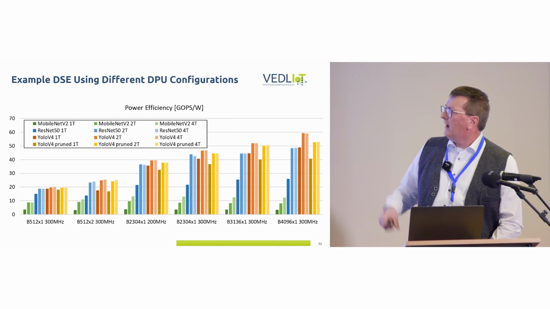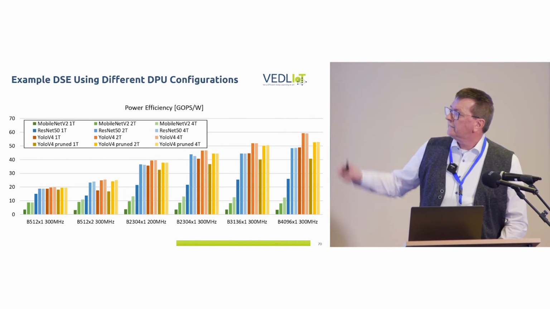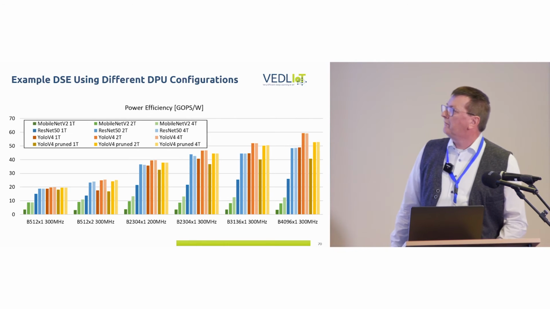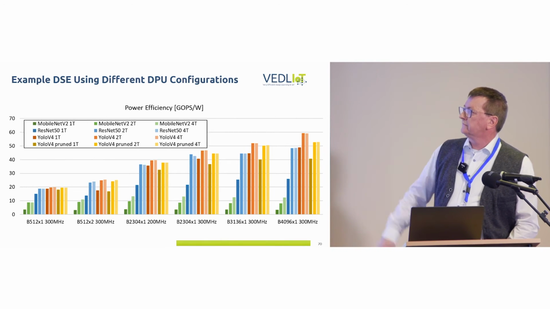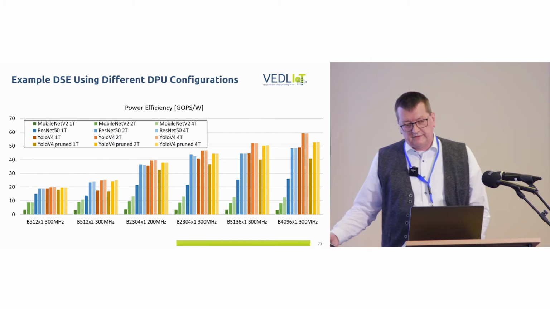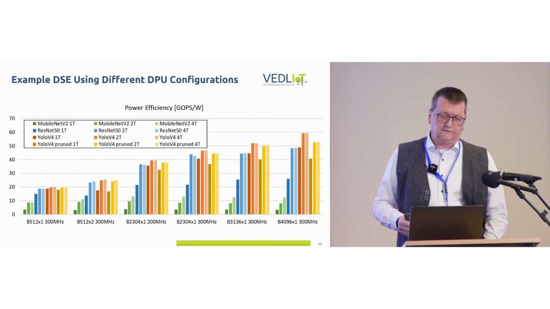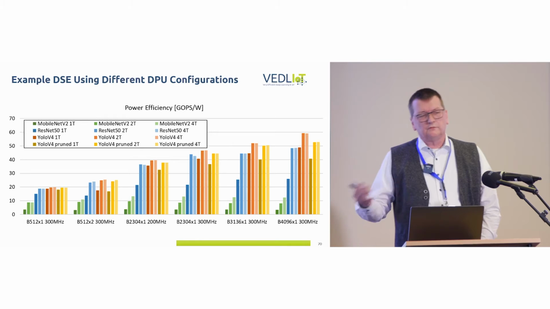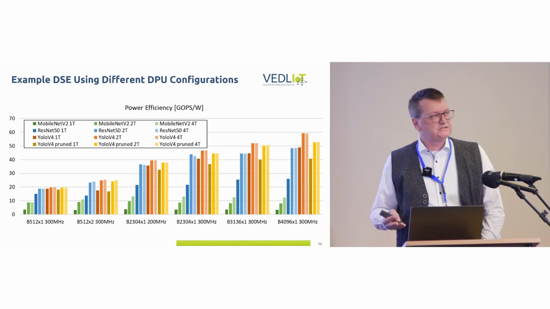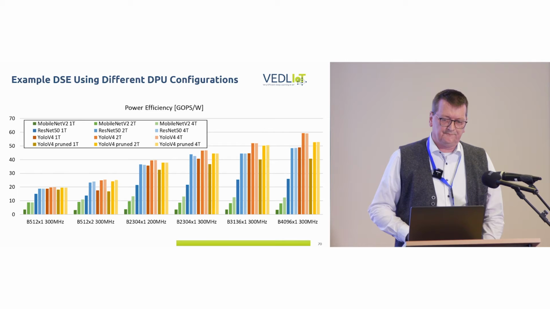Here are some examples with quite small CNNs, like MobileNet, going to larger implementations like YOLO v4. The obvious things are shown here also. There's no need to utilize big architectures on the FPGA if you have only small networks.